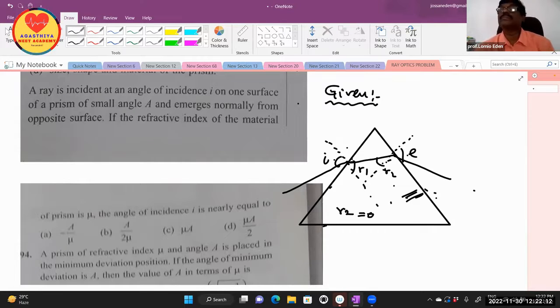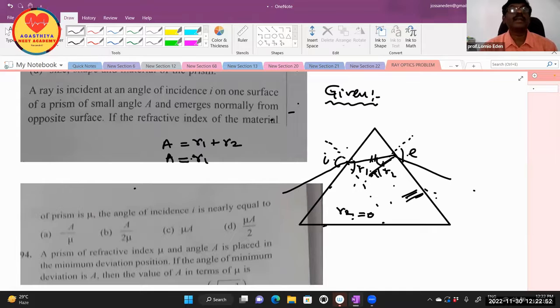Normally means this line coincides with this line. As a result, R2 is 0. We know that A is equal to R1 plus R2. Here R2 is 0. Therefore, R1 is A.